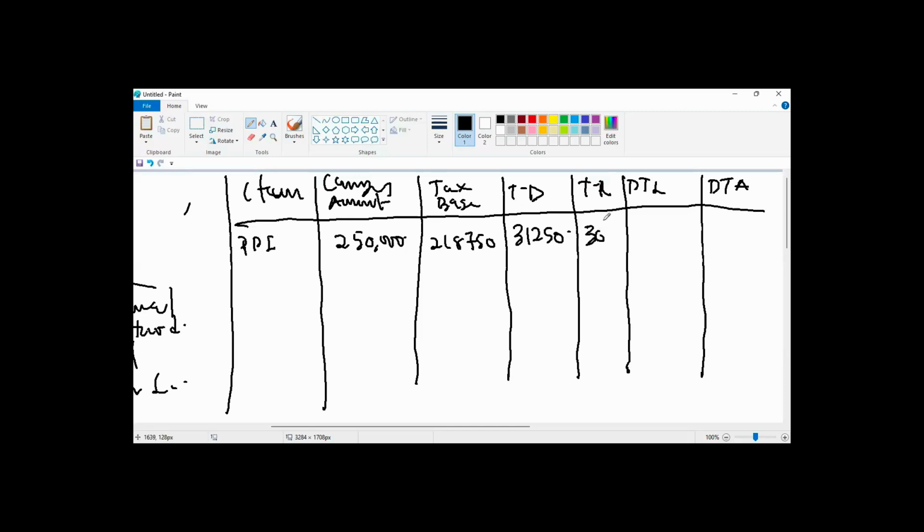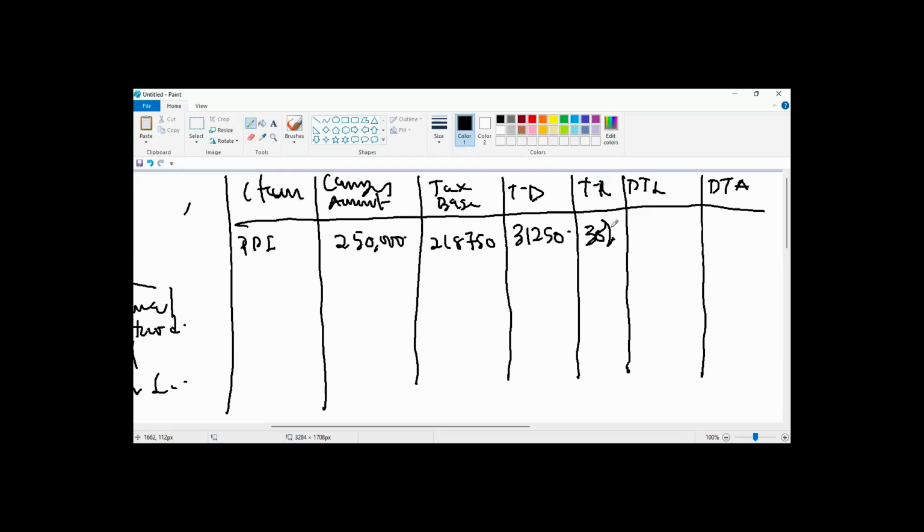Then maybe next week we will do what effect it has on our books if the tax rate changes. I will now multiply by the temporary difference and interpret.